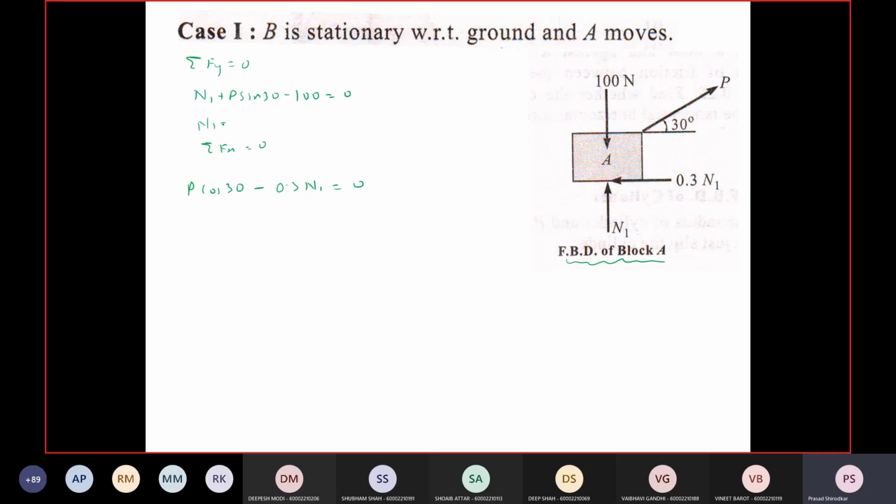So N1 is 100 minus P sine 30. Substitute N1 in this equation and find out P.